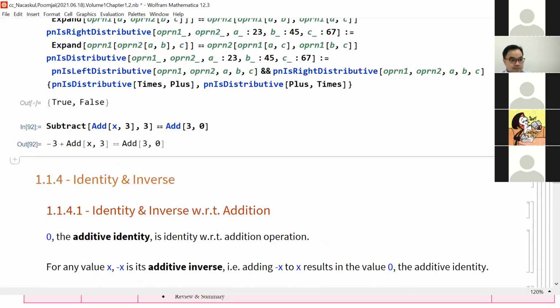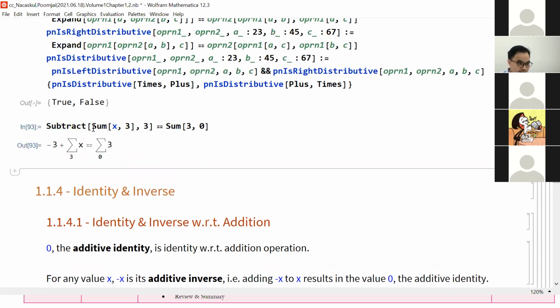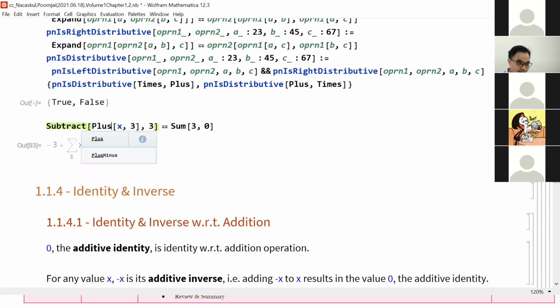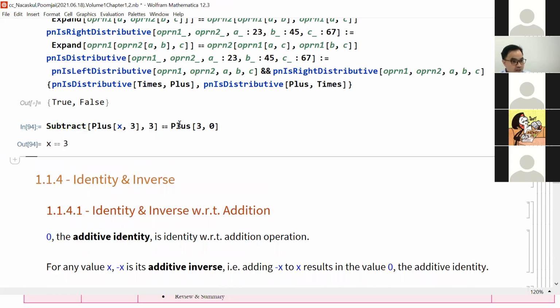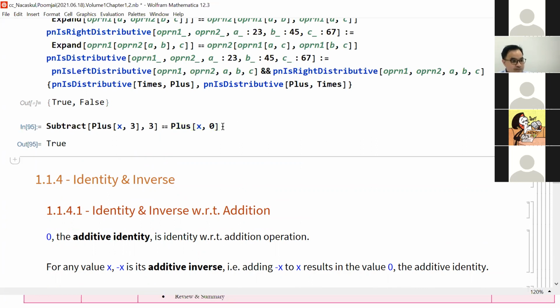Oops, not sum, plus, sorry. There are so many words in English. So this is even cleverer. It's like checking if x is equal to x. There.